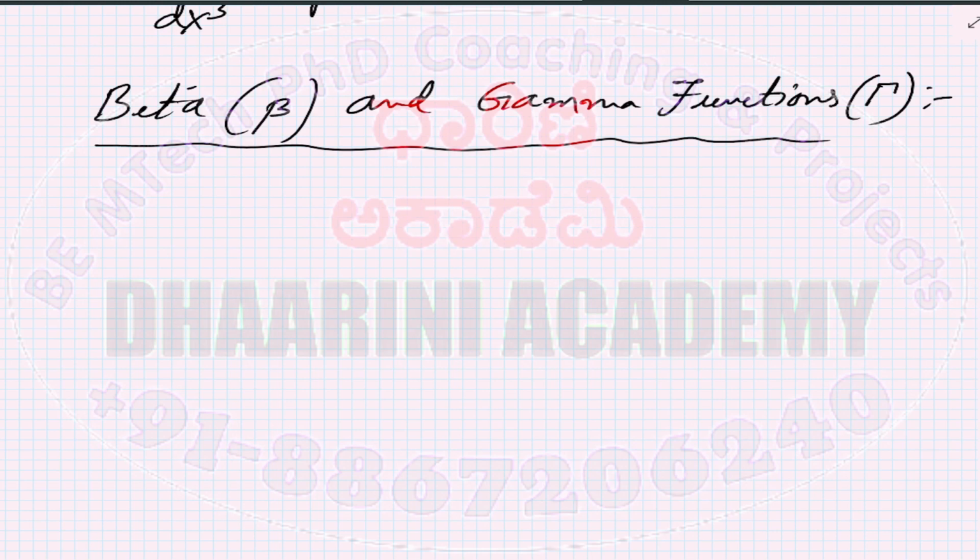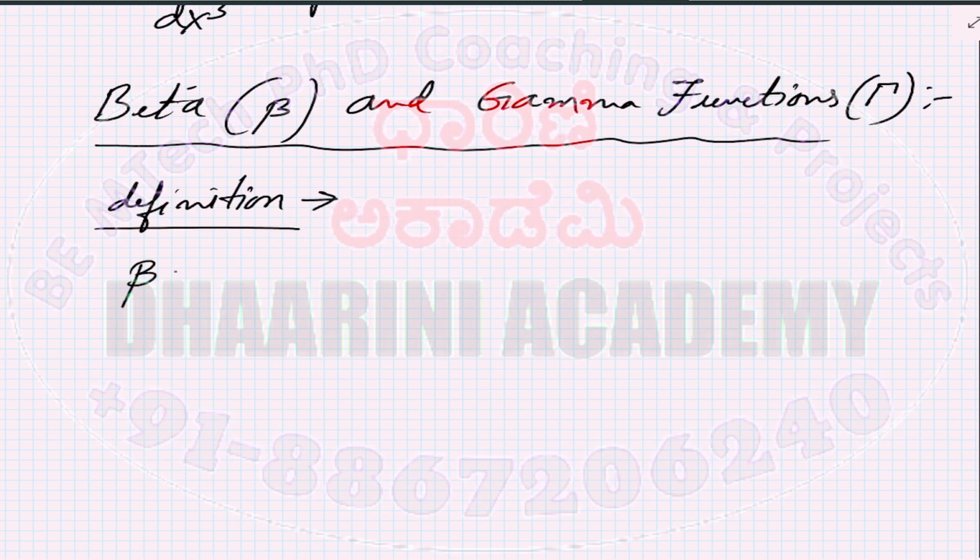Okay, all right. Now, let's define both functions. The first function, the beta function, is defined for two variables. The first variable is m, the second variable is n. So beta of m comma n is defined in the following fashion.